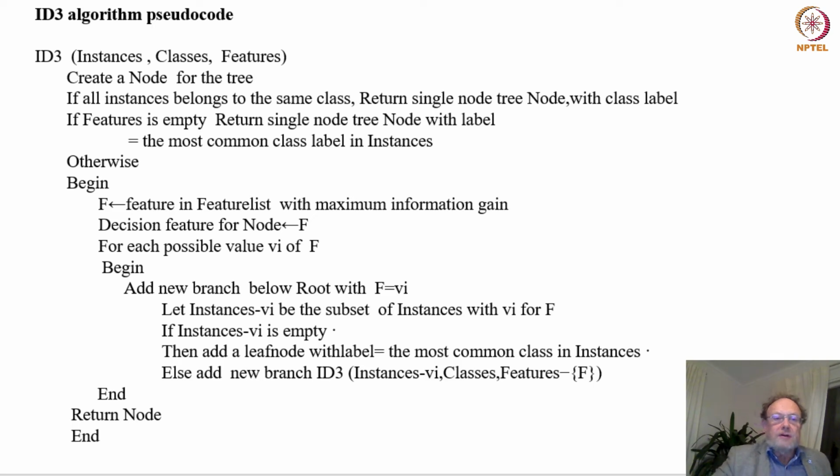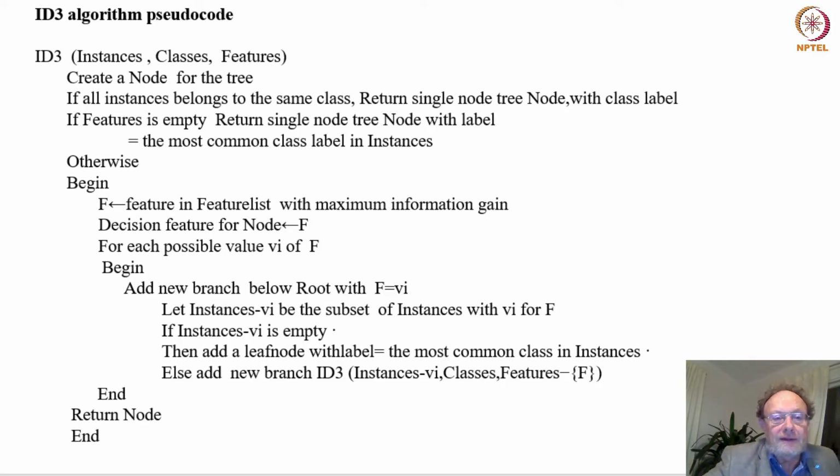Let us now take a short look at the pseudocode for the ID3 algorithm. I've already informally characterized how the algorithm works, but hopefully by going through the pseudocode shortly, you will consolidate the understanding of how it works.